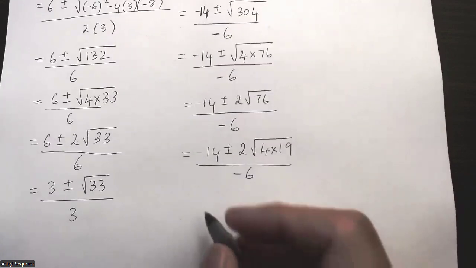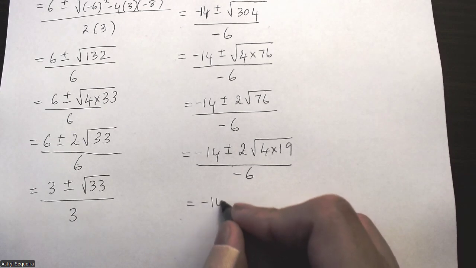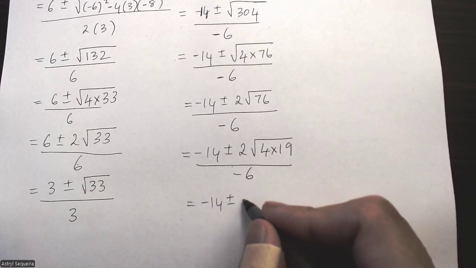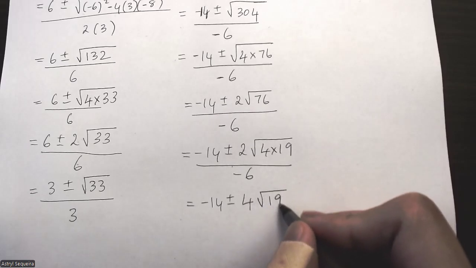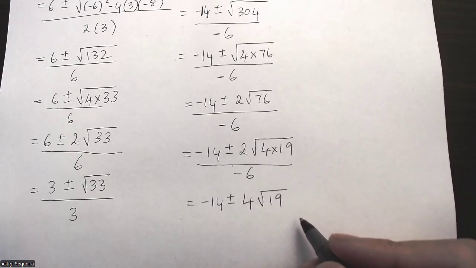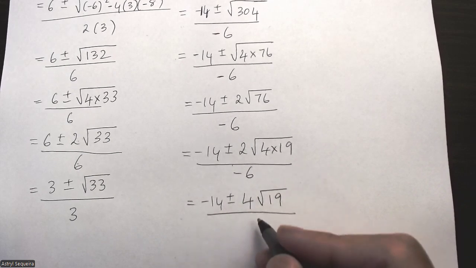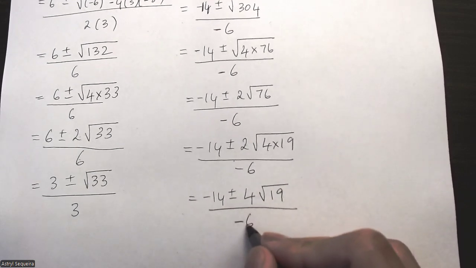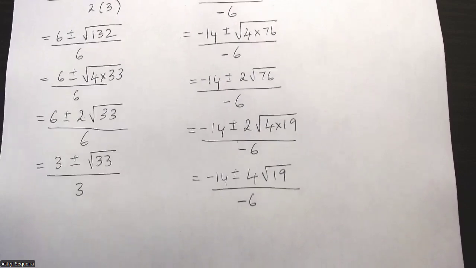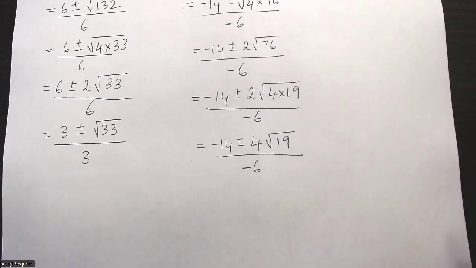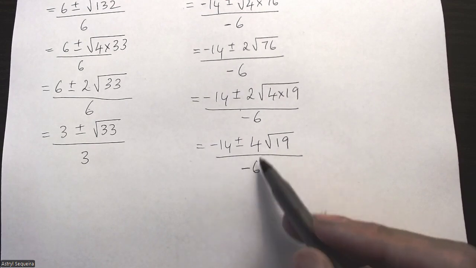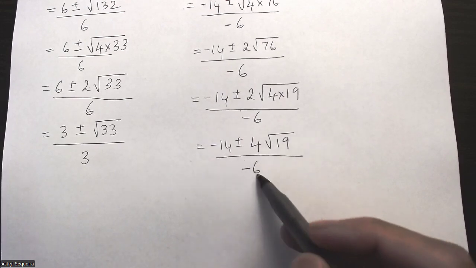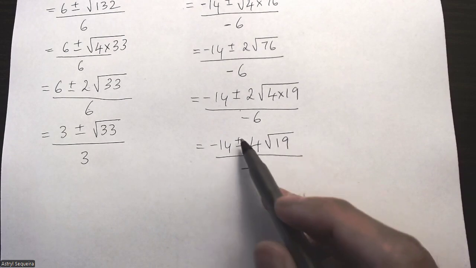So I'm going to multiply that by this 2, which gives -14 plus or minus 4 root 19 over -6. And now we can simplify these. We can divide all these numbers by 2, or we can also divide them by -2 as well.